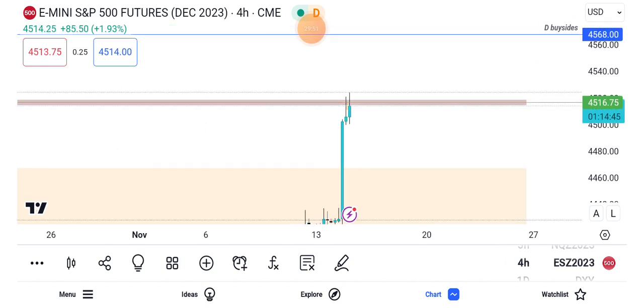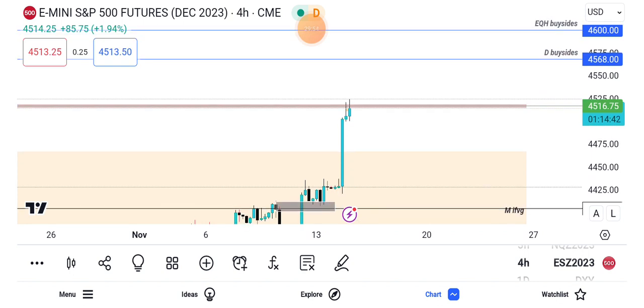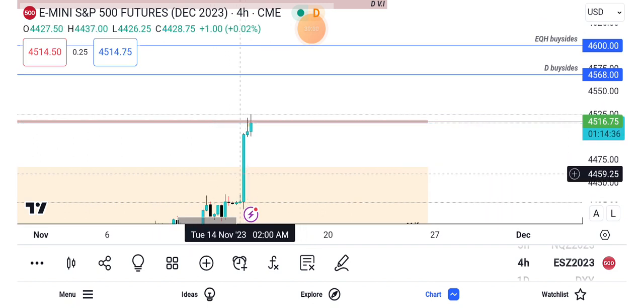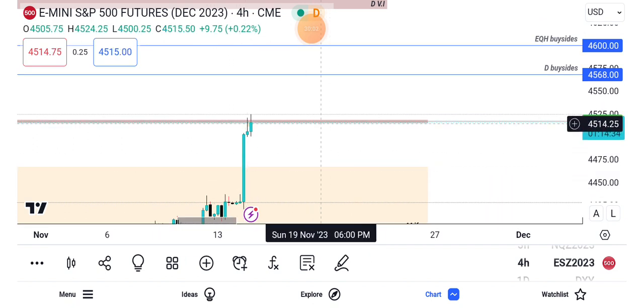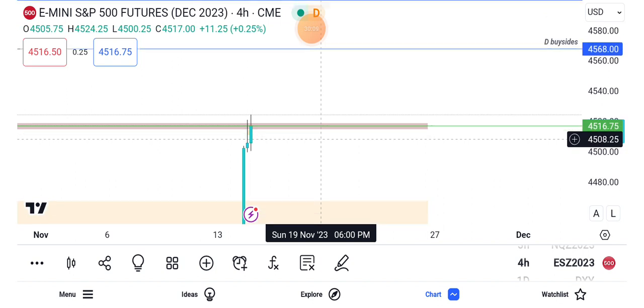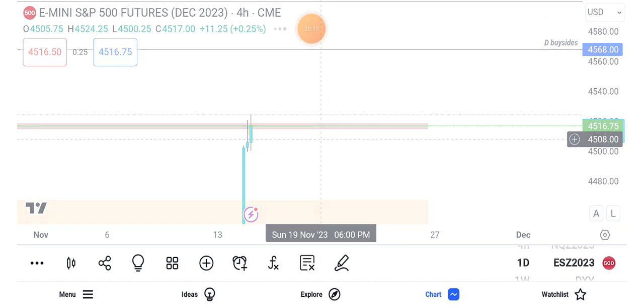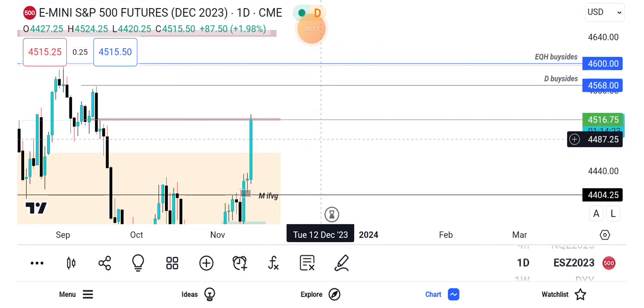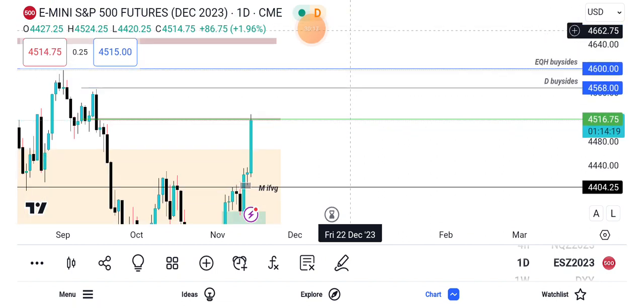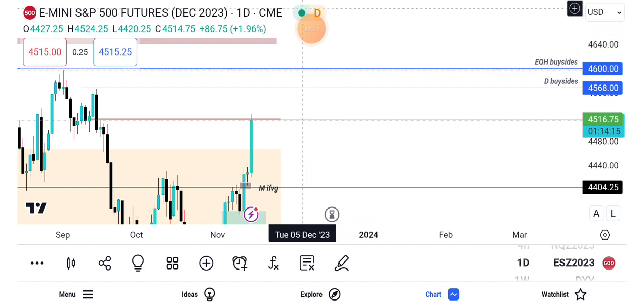We shall be utilizing a fair value gap, this 4 hour candle here, and also this daily fair value gap will be our pointer. We shall be watching price, and of course we are targeting higher prices, to these liquidities, these blue zones over there.